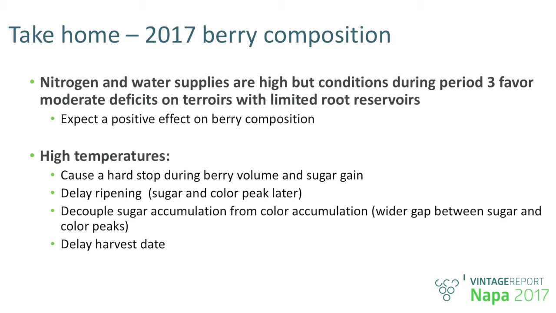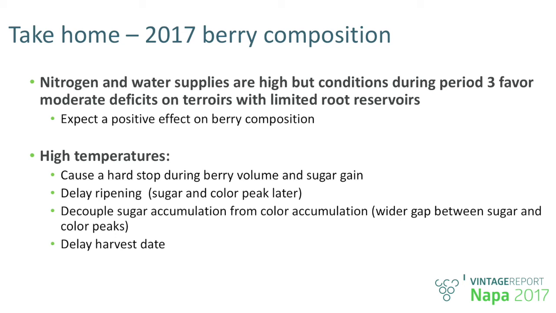Nitrogen and water supplies were high, but conditions during period 3 have favored even good fruit potentials in terroir with limited root reservoirs. We discussed that the onset of deficit could have been earlier than in 16. However, negating this positive outlook initially, high temperature caused a hard stop during berry volume and sugar gain.